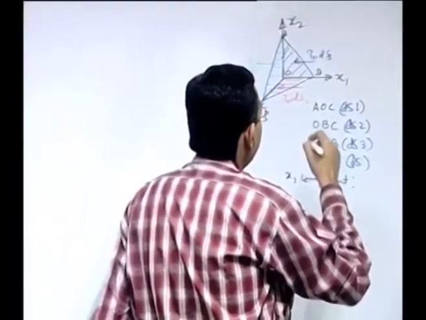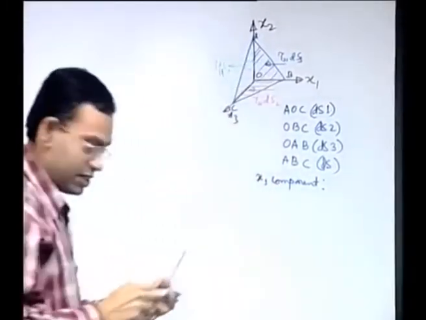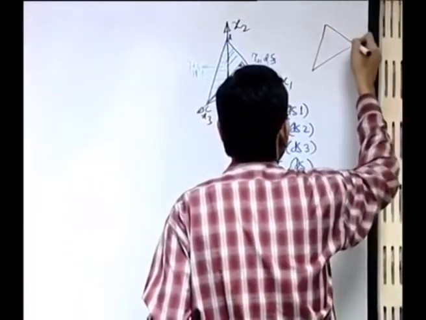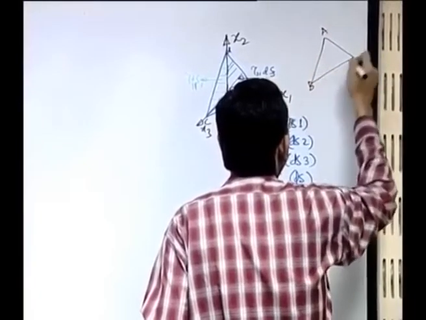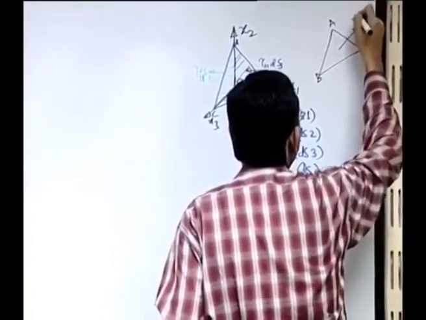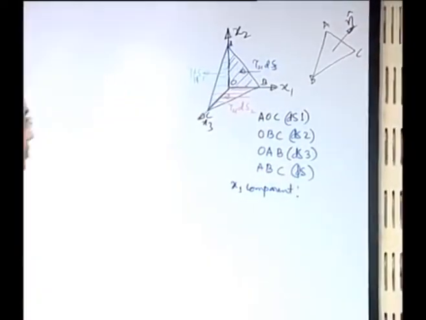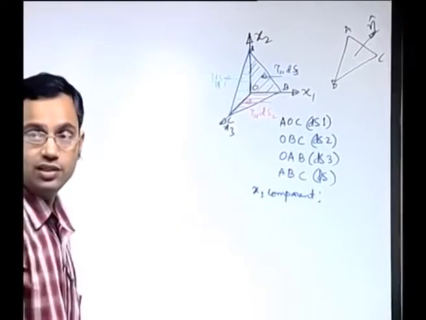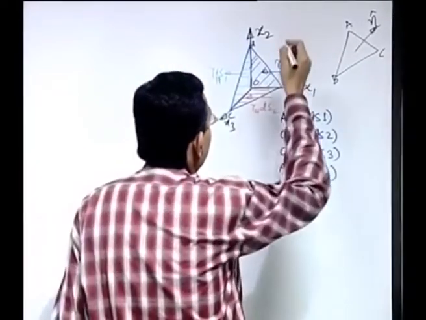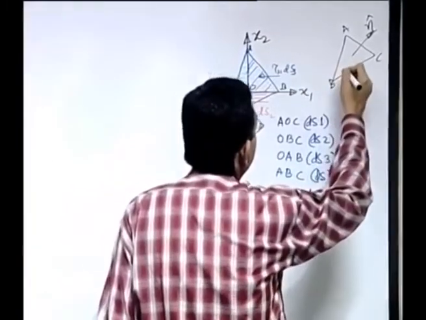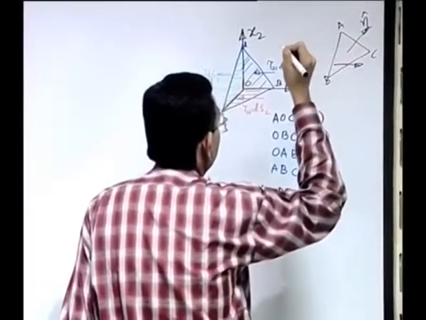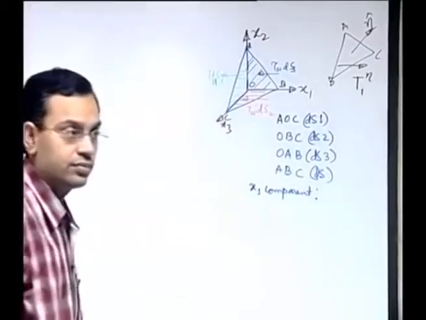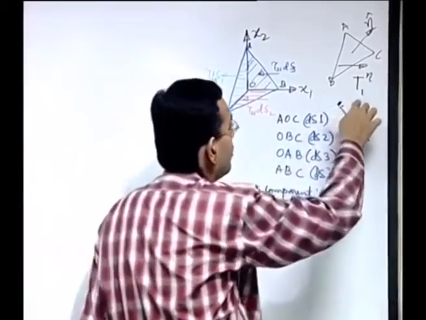So let us make an arbitrary sketch: if this is ABC, let us say that the normal to ABC is oriented along eta. So you have to use the T notation rather than the tau notation. So what will be the x component of force on ABC? T eta 1, this is the direction of action of the force, times ds.